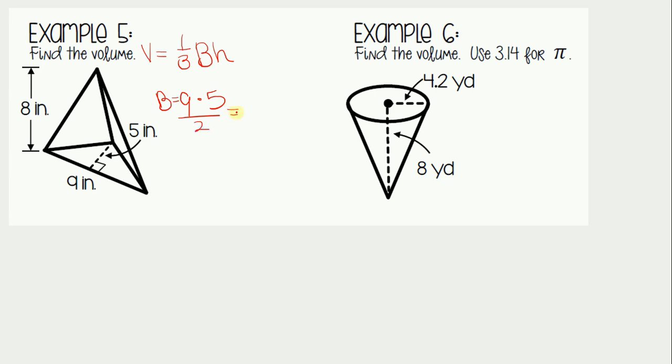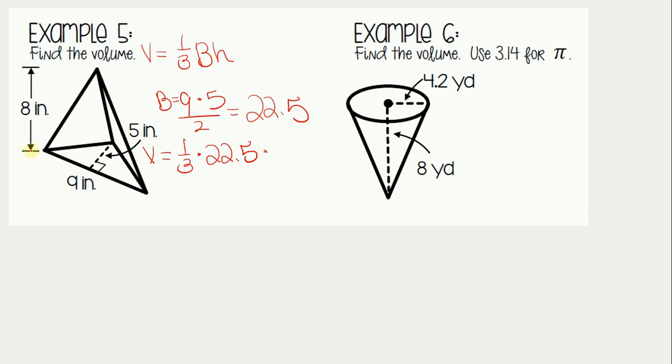So 9 times 5, and then divide that by 2. I get 22.5 for an answer there. So if I start setting up my volume equation, 1/3 times my area of my base, which is 22.5, times our height.